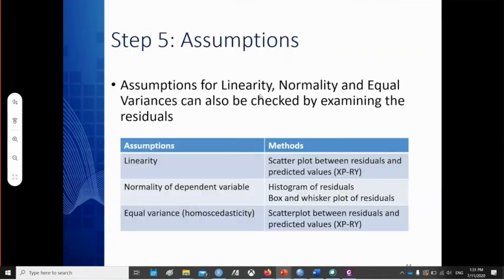So again, the assumptions of linearity, normality, and also equal variance. We can check using a scatter plot, as I mentioned just now, but you can also check these assumptions by examining the residual. So what is residual? Residual is the difference between the observed and the predicted value.